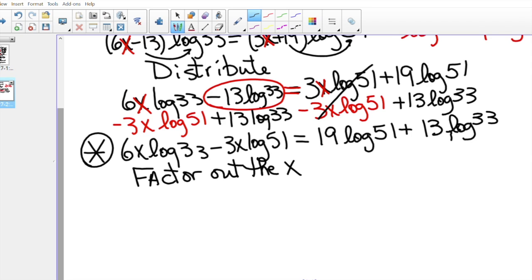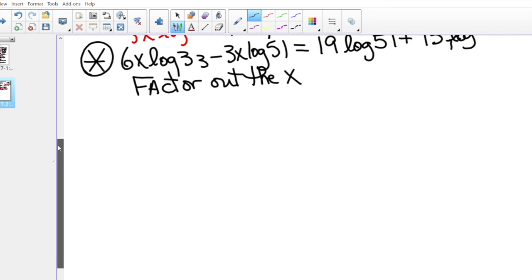Now what does that mean when you factor out the x?